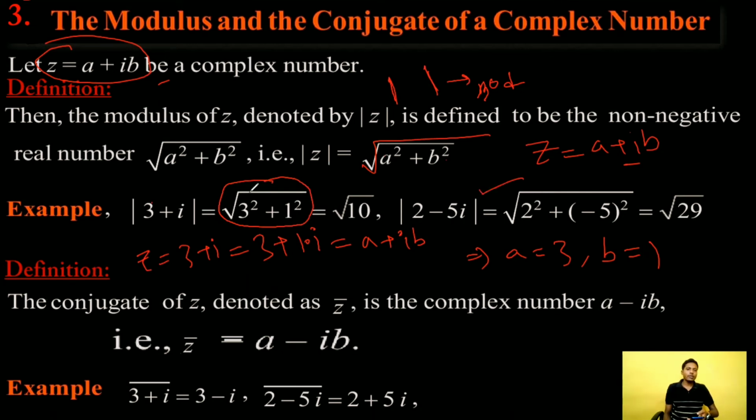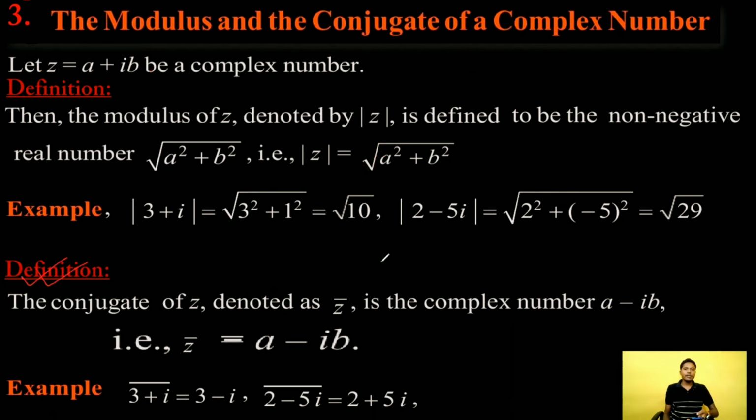Now the conjugate of a complex number. What is the conjugate of a complex number? If z is a complex number, z equal to a plus ib, then the conjugate of this complex number z is denoted by z bar. z bar is equal to a minus ib, where a and b are real numbers.